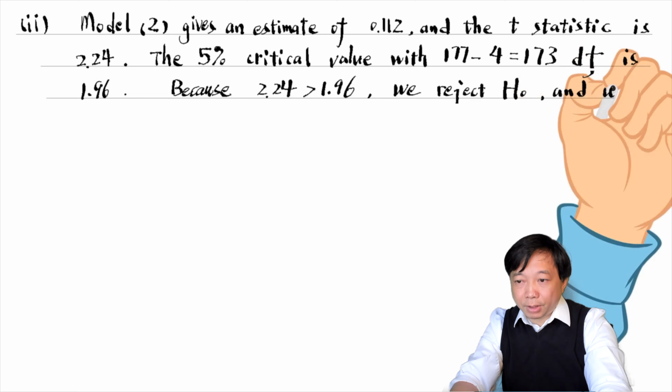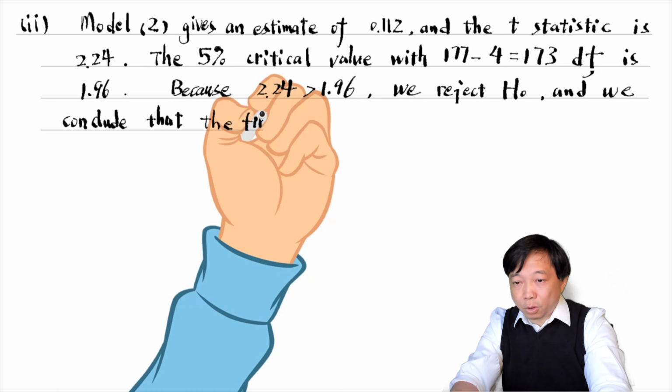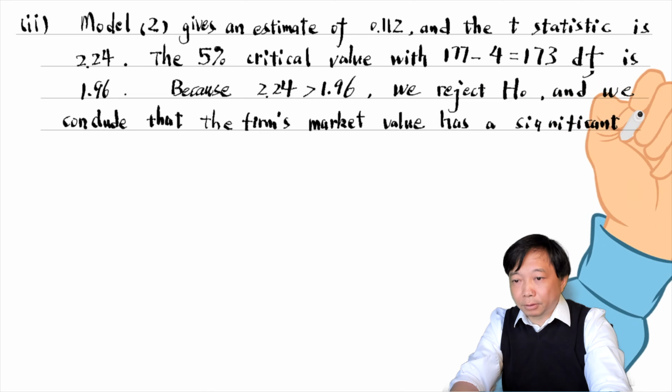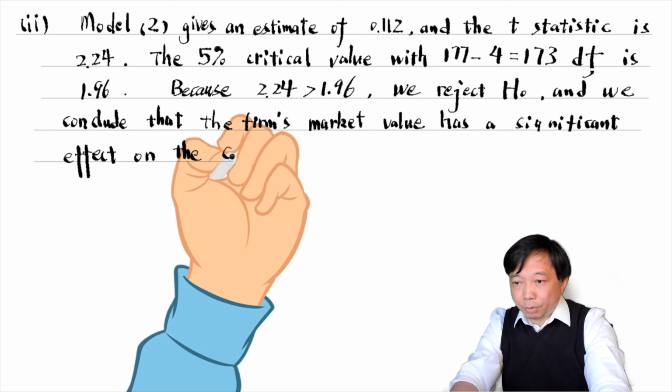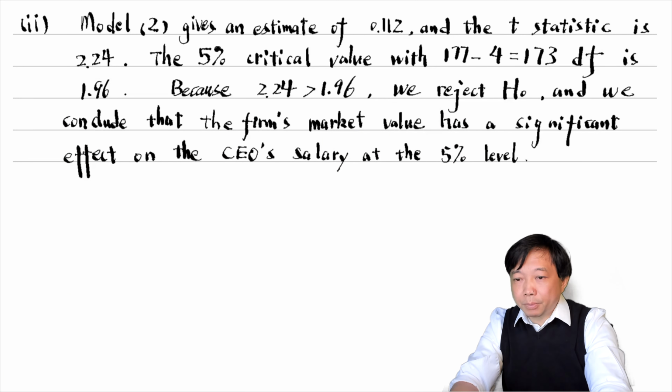Because the t-statistic is above the critical value, we reject the null hypothesis. We can conclude that the firm's market value has a statistically significant effect on the CEO's salary at the 5% level. As the firm's market value increases by 1%, the CEO's salary is estimated to increase by around 0.1% on average.